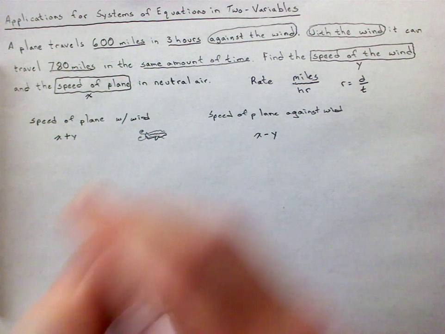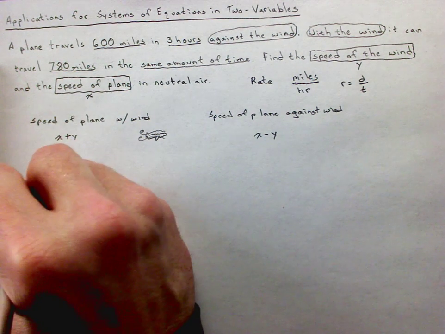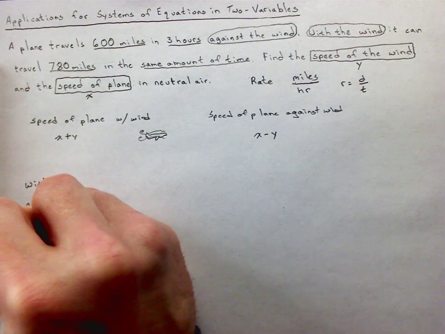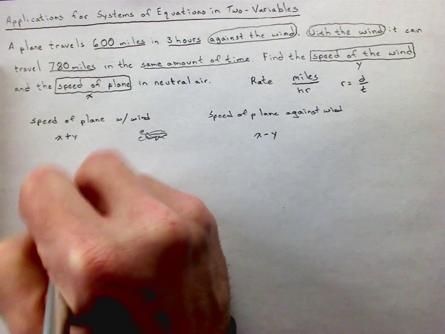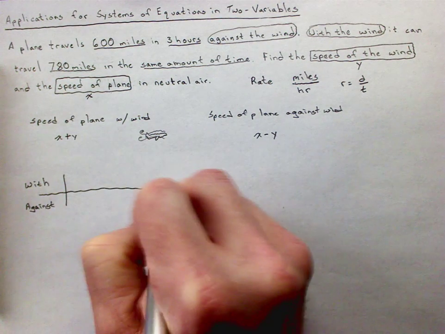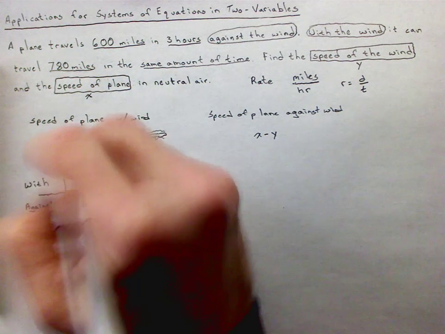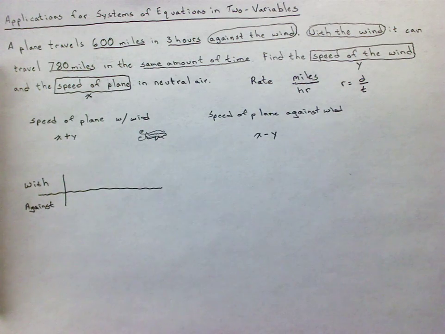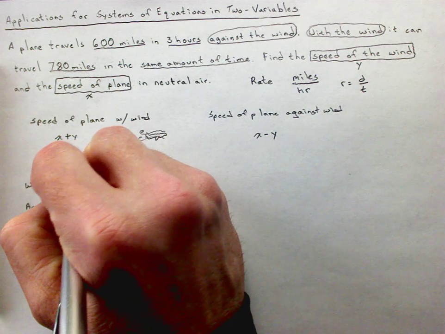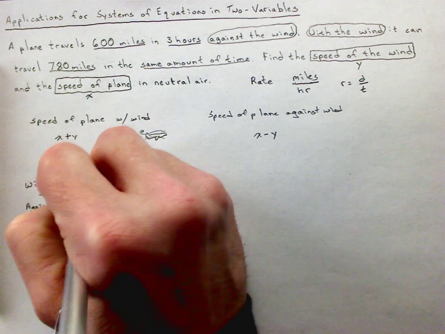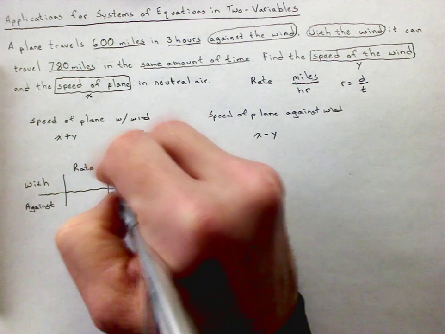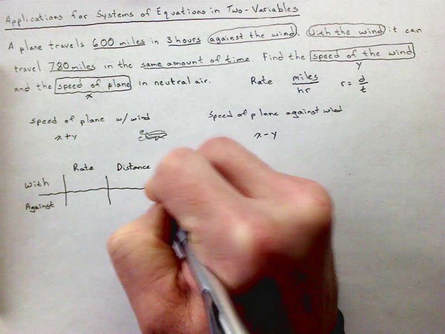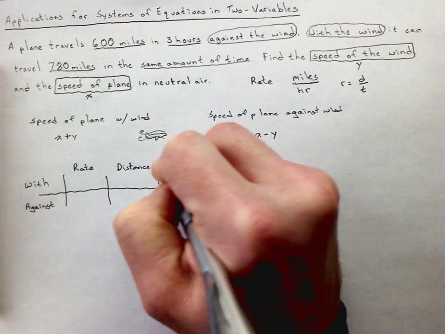So let's set up our table. First I'll label the rows with and against. That's our comparative factor. I know I'm dealing with some kind of rate just by the information they've given me in the problem, so those are going to be the categories for my table: rate, distance, and time.